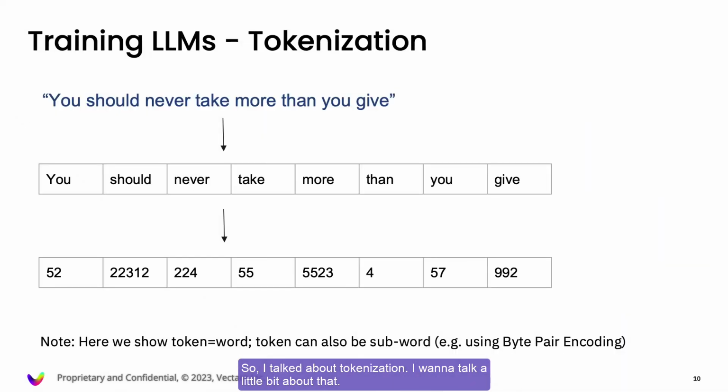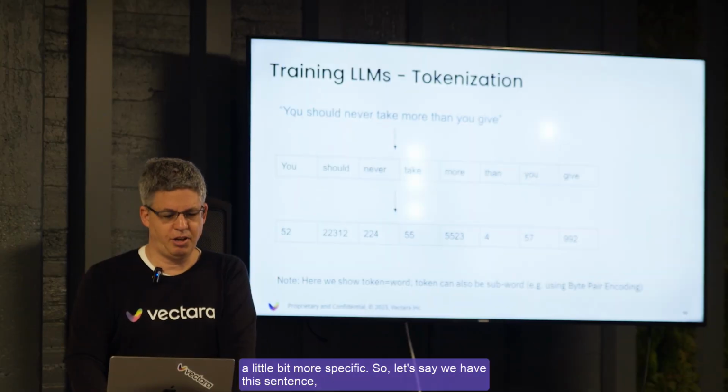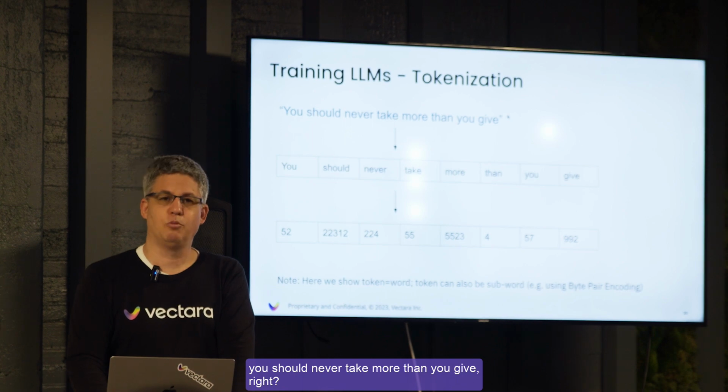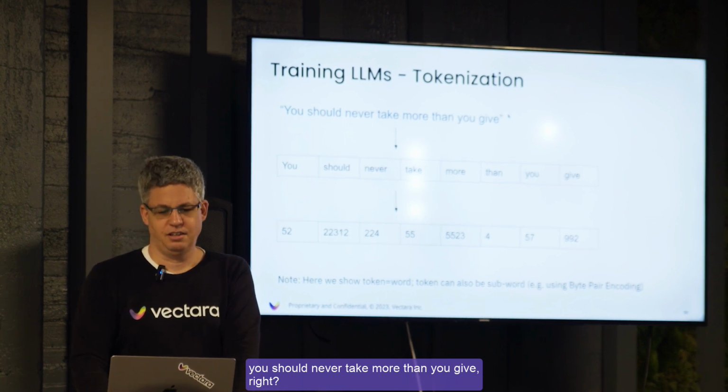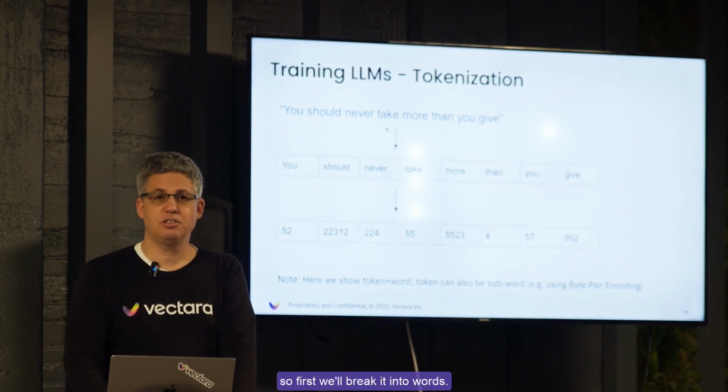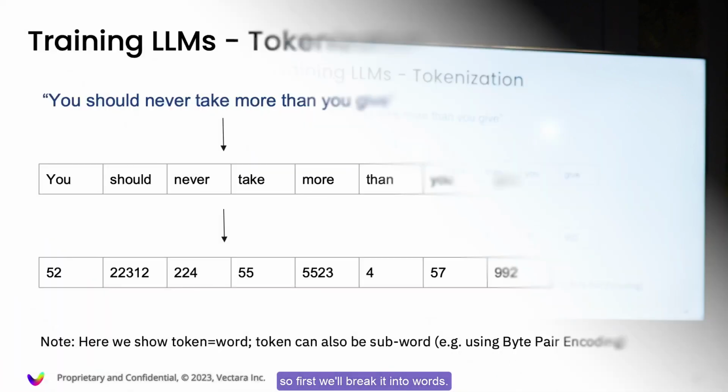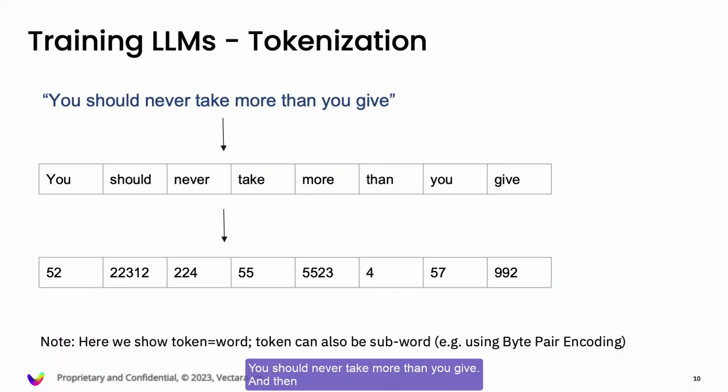So I talked about tokenization. I want to talk a little bit about that. What does it mean? Let's say we have this sentence: you should never take more than you give, right? First, we break it into words. You should never take more than you give. And then, neural networks don't actually understand text.